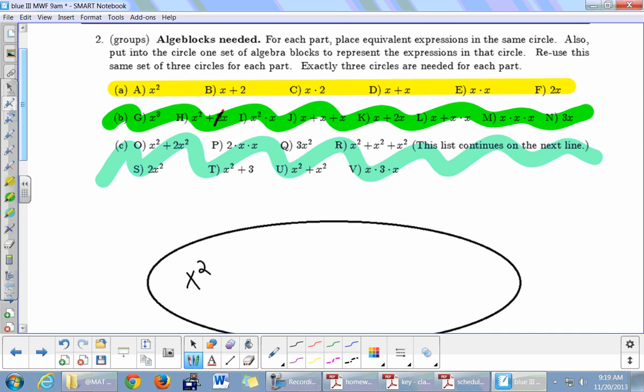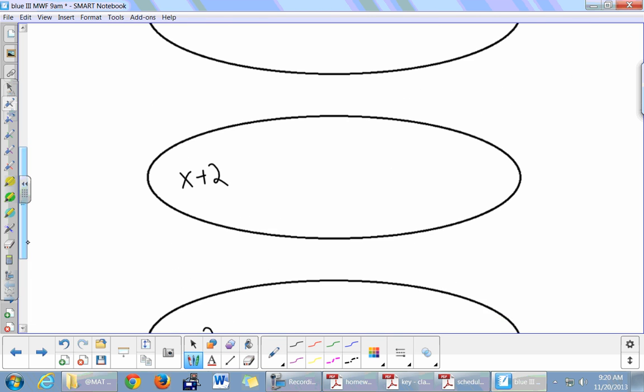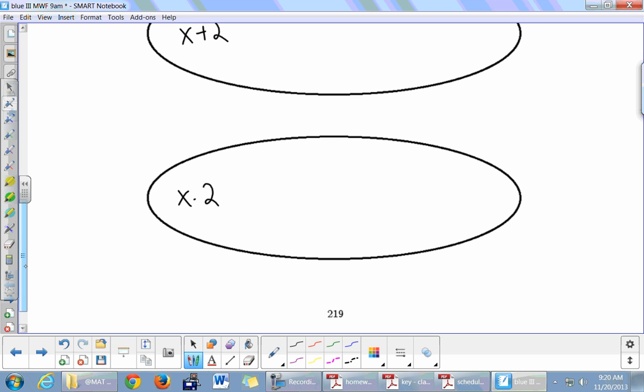X plus x. Is x plus x equivalent to x squared? No. Is x plus x equivalent to x plus 2? No. Is x plus x equivalent to x times 2? Yes, it is. So you're going to put x plus x right in there.